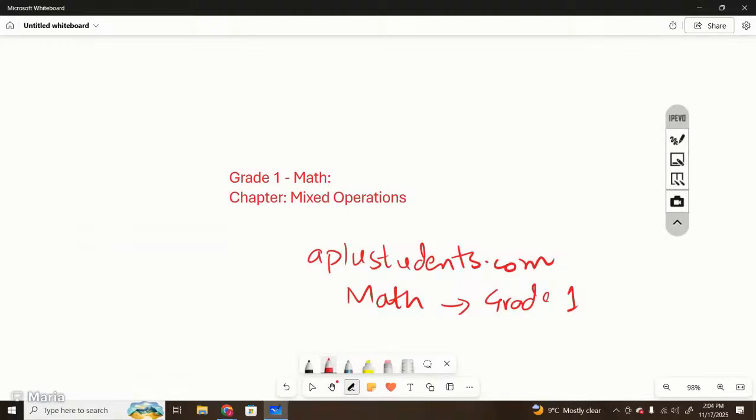There you can find the list of the chapters. We're going to start with the chapter mixed operations. So please make sure you have your notebook and pencil so that you can note down the important examples and definitions as well.